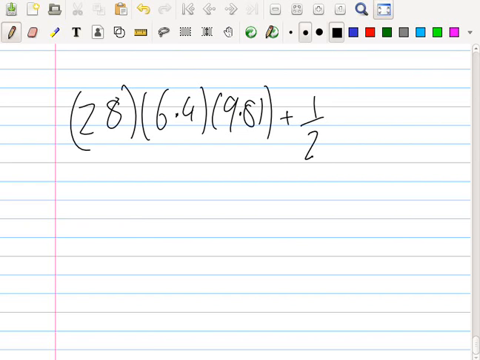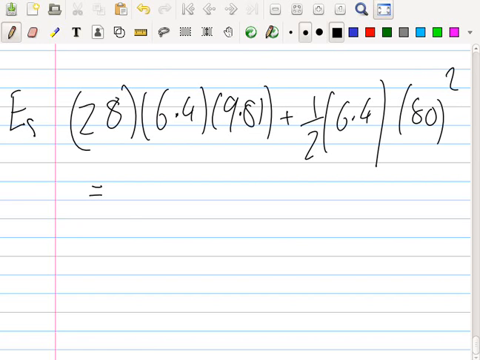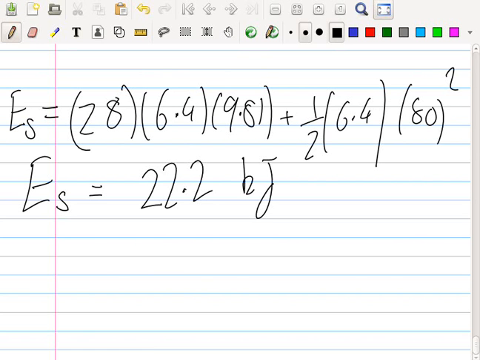A half mv squared. Now please calculate this. This is the energy at the start. Yeah, 22.2 kilojoules.